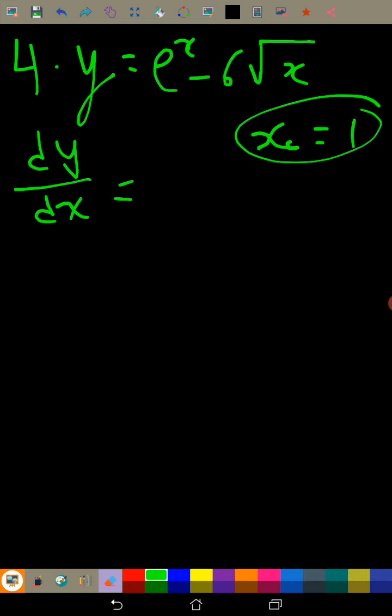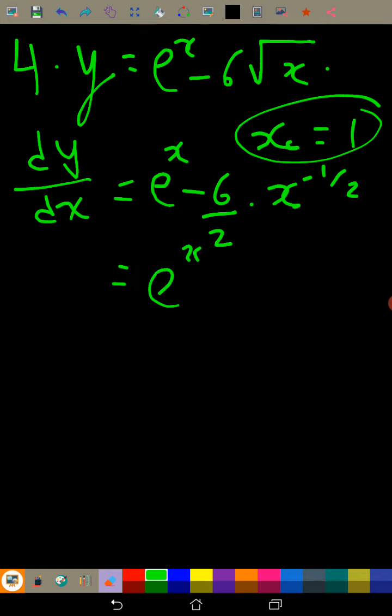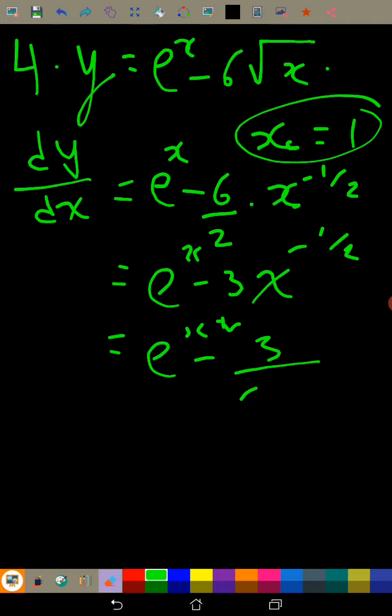We can differentiate this, it's going to be exactly the same, but here we know that it's half, so we're going to multiply by half, and after that we just minus half as a power. We'll end up with minus 3 x to the minus half. This we can bring it down if we want. We can write this now with 3 over root x if you want.